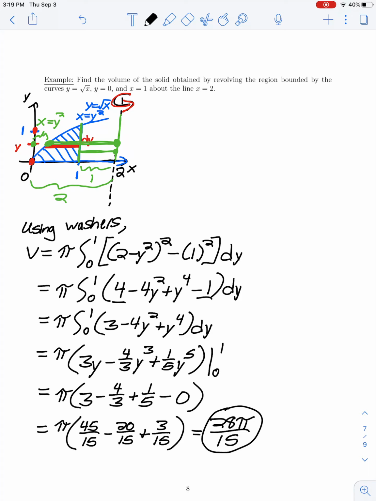For the disk method, our cross-sections were shaped like disks or circles. And then we had a washer method where our cross-sections were shaped like washers, where maybe part of our solid has a hole through the middle. So in the next section, we'll start talking about how to evaluate volumes of solids which could not be evaluated by using any of the methods that we've discussed in this section.